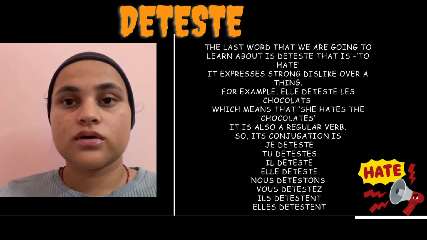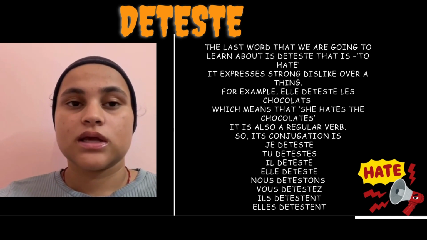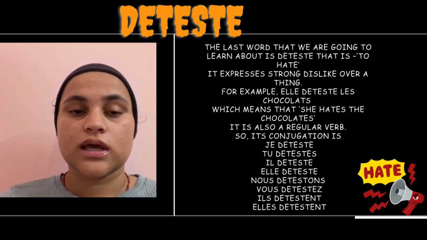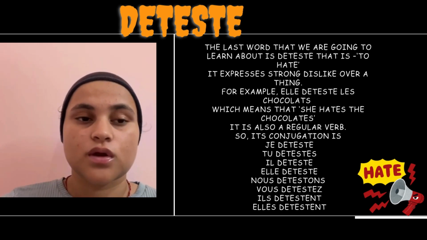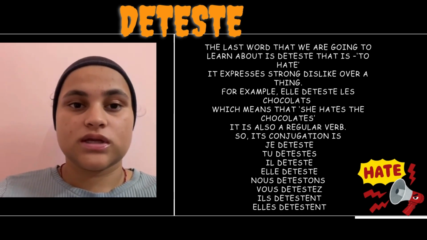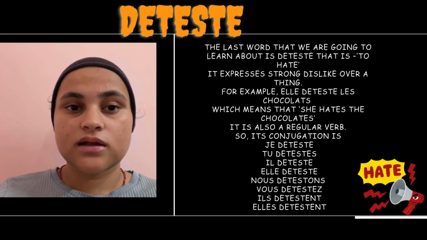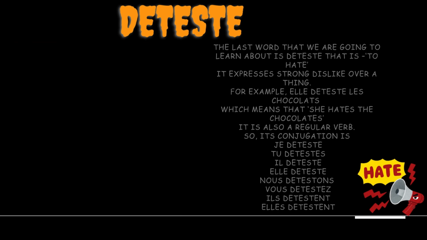It is also a regular verb, so its conjugation is je déteste, tu détestes, il déteste, elle déteste, nous détestons, vous détestez, ils détestent, elles détestent.